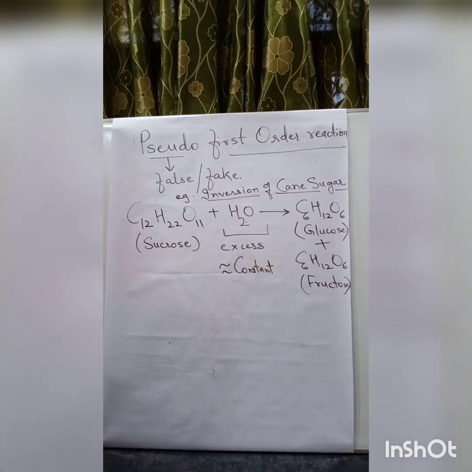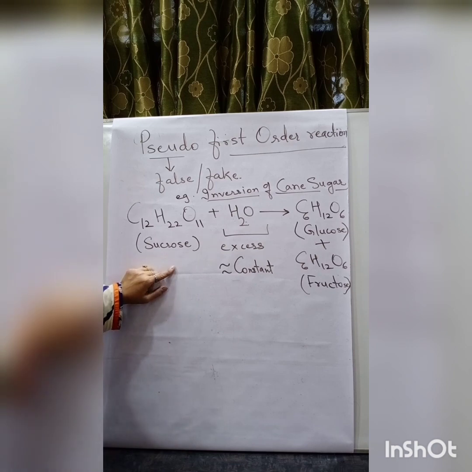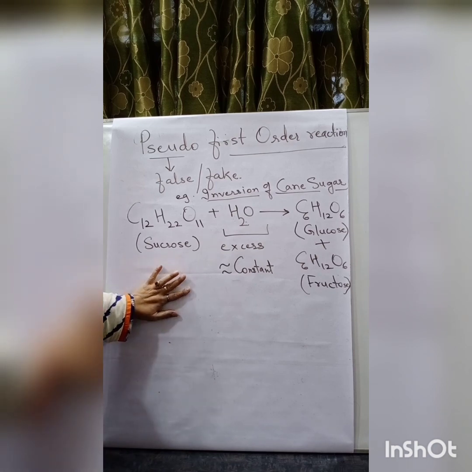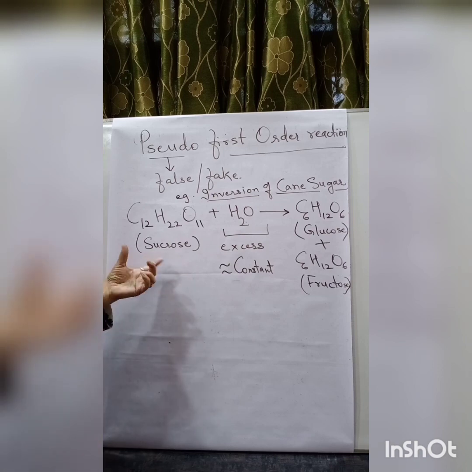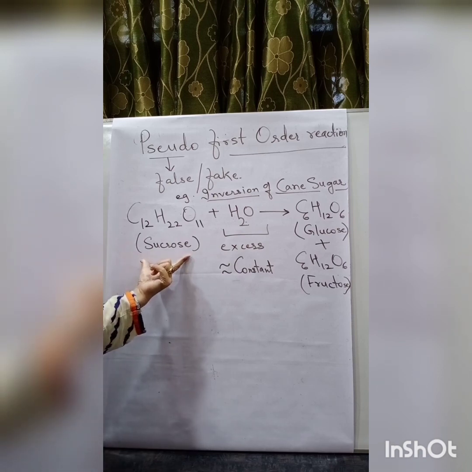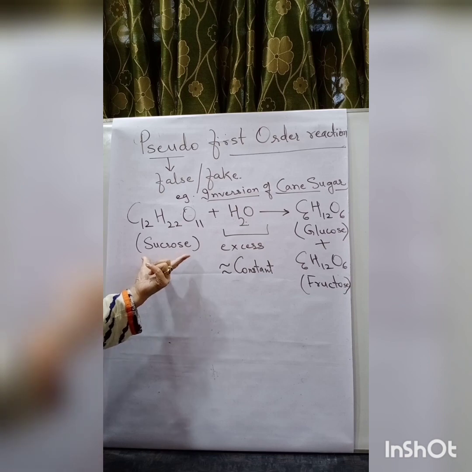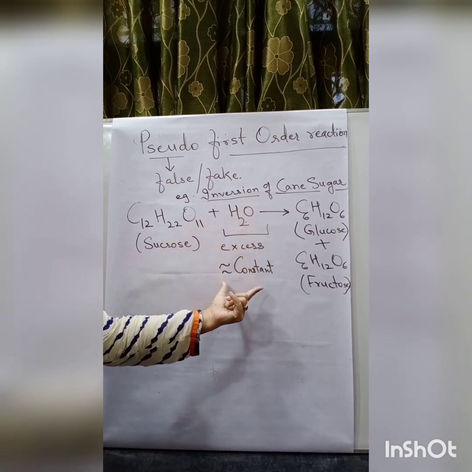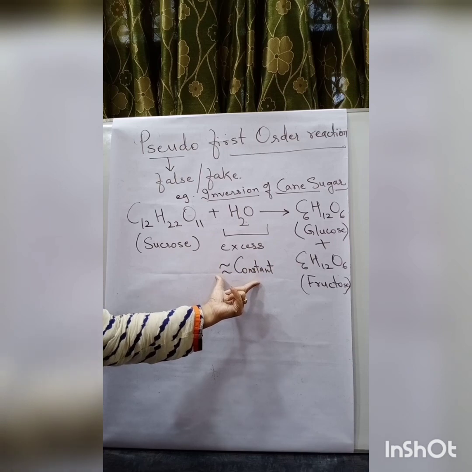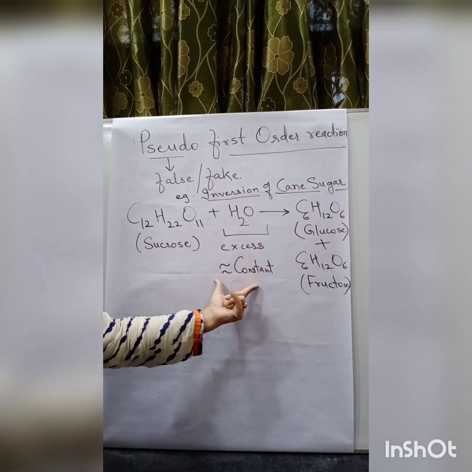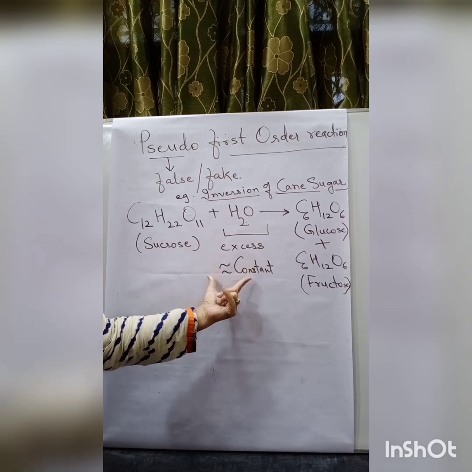So even though this reaction is not first order, naturally it is made. So looking at this reaction, what appears? That only sucrose is playing an important role because the concentration of water becomes constant. Since water is present in large excess, its concentration is taken as constant.